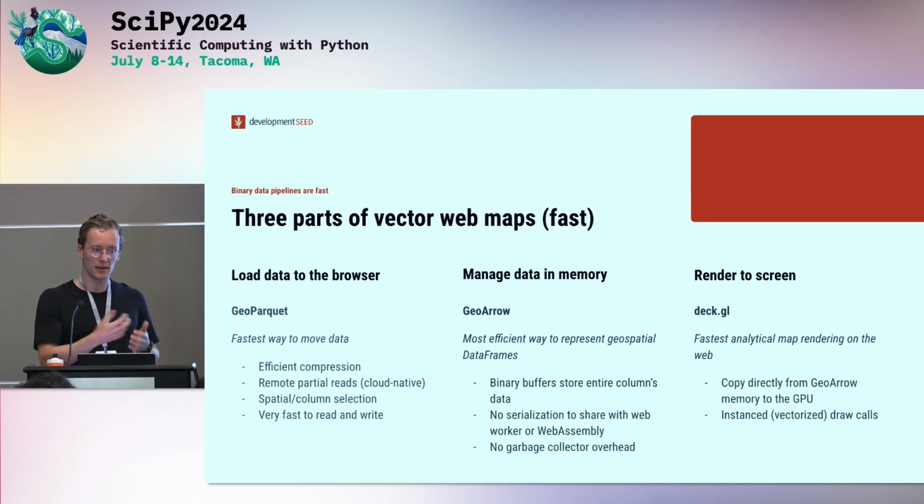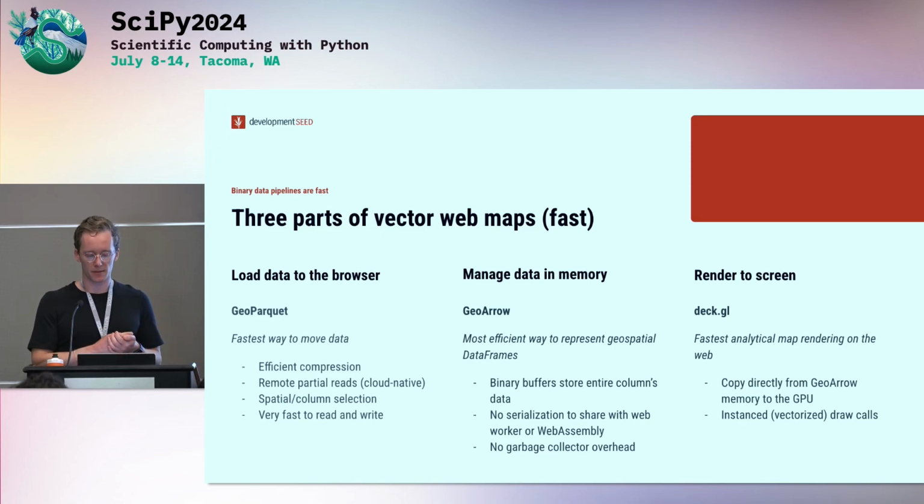Once it's in memory in the browser, it uses a Rust WebAssembly library that I developed to parse that Parquet data into Arrow. And then Arrow in JavaScript is binary, so it can be copied directly from WebAssembly to the GPU without even making a copy into JavaScript.